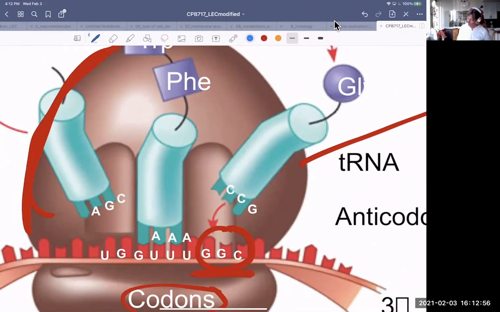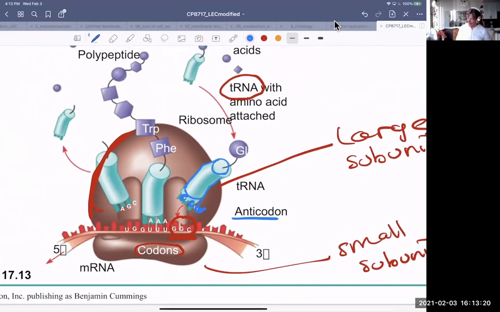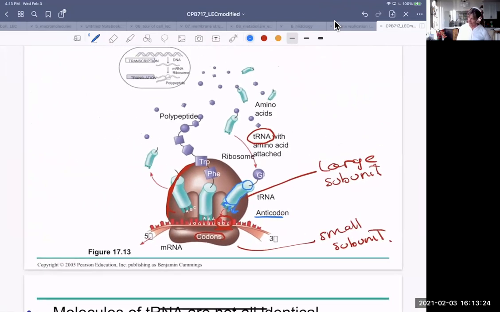But our beautiful transfer RNAs, sort of the general shape of them, brings along with it a piece, because this is an RNA molecule, with an anticodon, it's called, an anticodon. So that's how the transfer RNA carrying the amino acid knows where on that messenger RNA it should be.